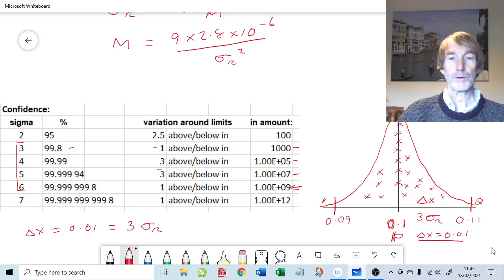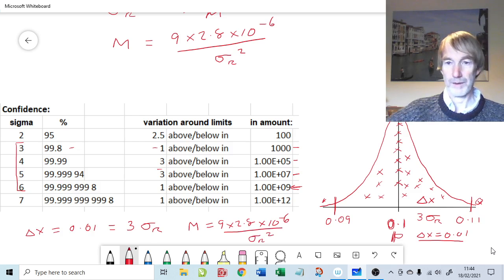So therefore I'll just write the equation that we're going to be using again just here, because it's going to disappear off in a moment. So we've got 9 times 2.8 times 10 to the minus 6 over sigma r squared.